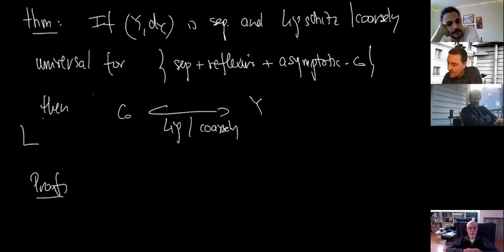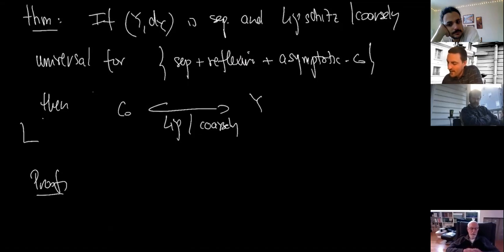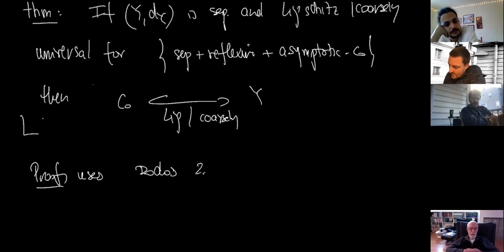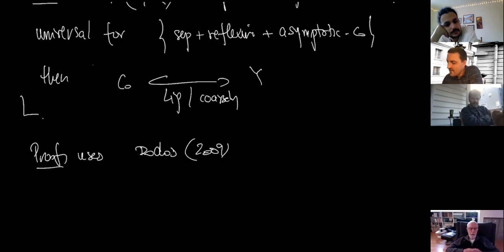But here we have a strictly smaller class of Banach spaces. So what are the ingredients of the proof? The proof uses some sophisticated results of Dodos, which I believe are from about 10 years ago, about strongly bounded classes of Banach spaces.